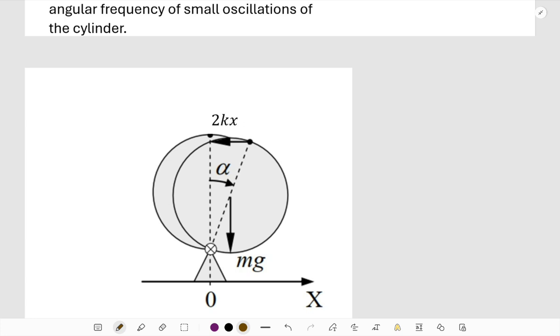So if you like, you can write the equation of moments, that is the torque equation for the cylinder relative to the axis passing through the point of its hinge here.